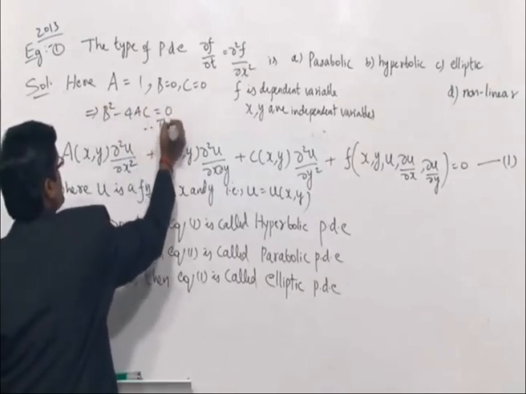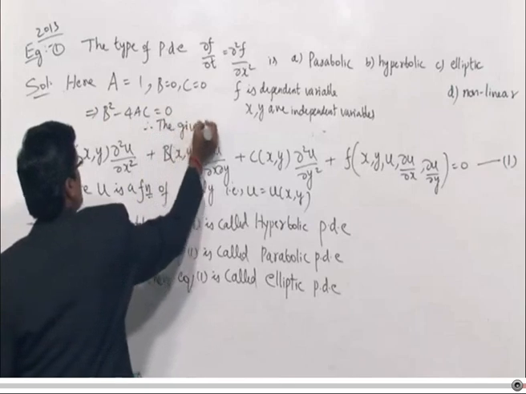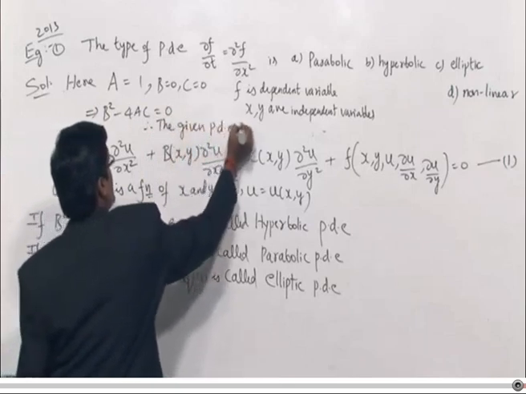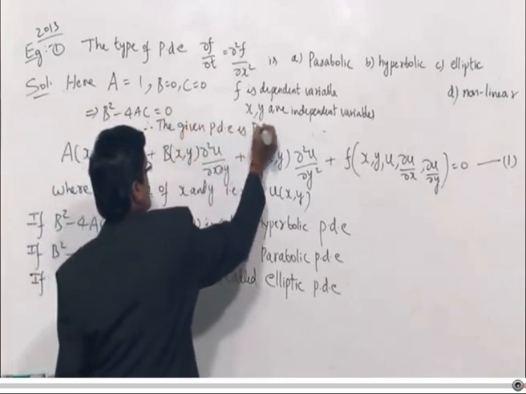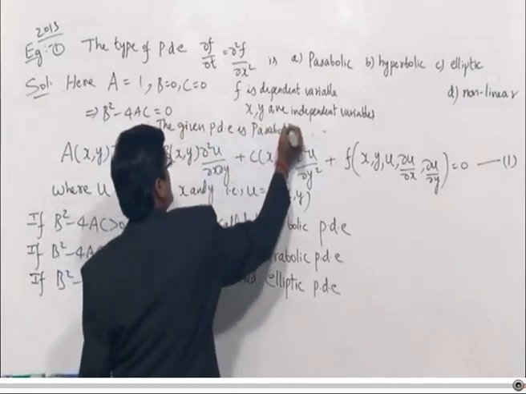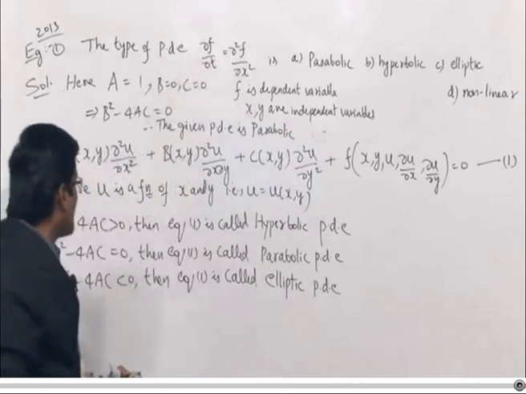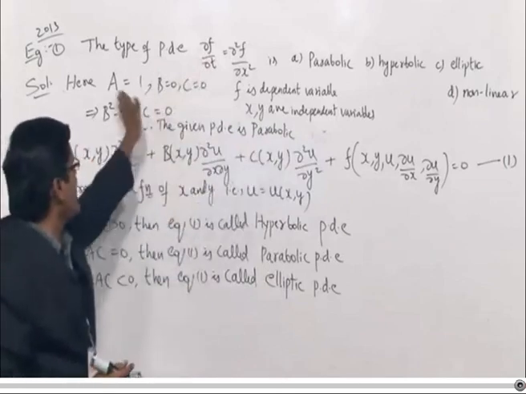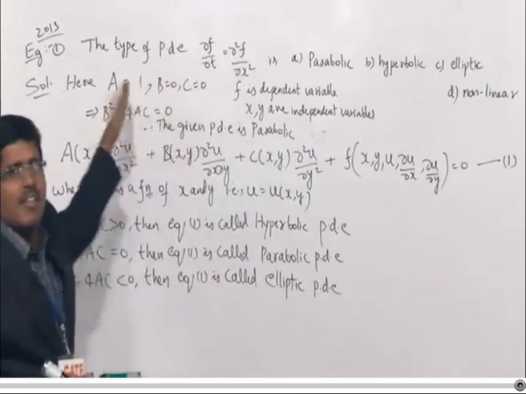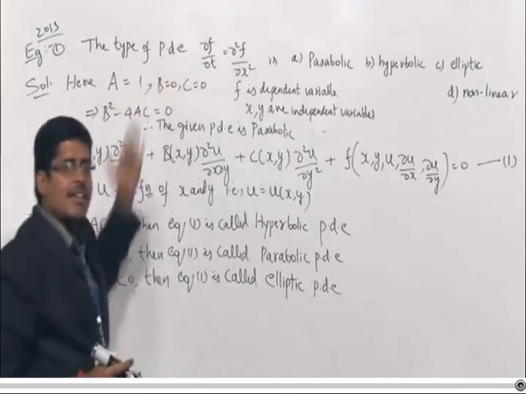Therefore, the given PDE is parabolic. So observe the two independent variables and the dependent variable, the unknown function, and compare with our standard notation, then find ABC, then find b square minus 4ac and decide the nature.